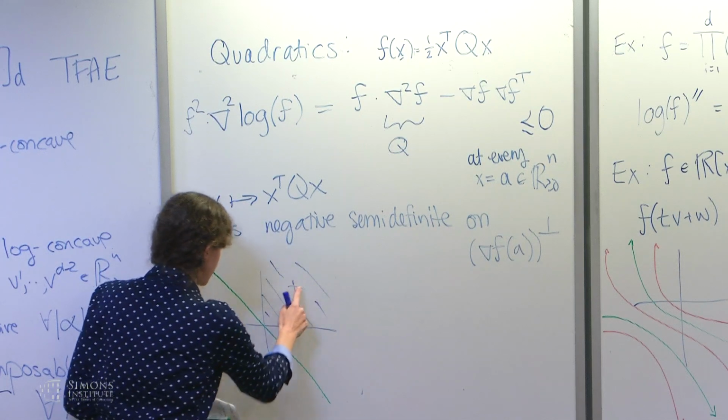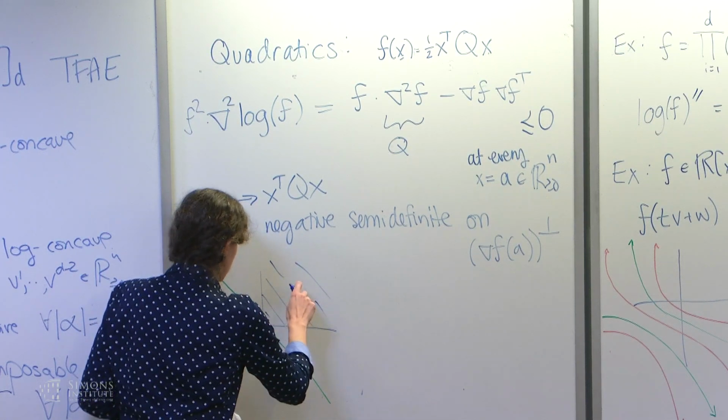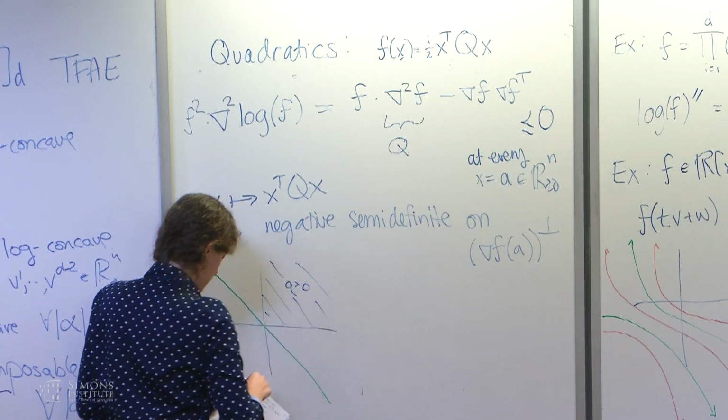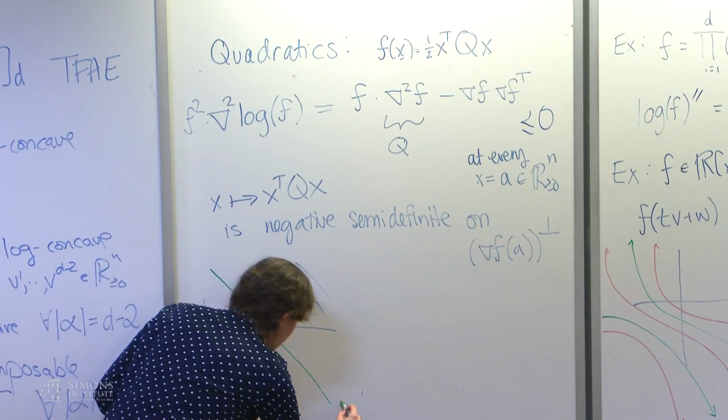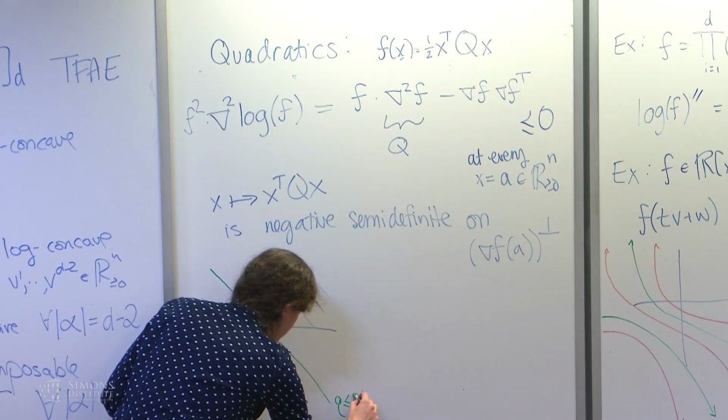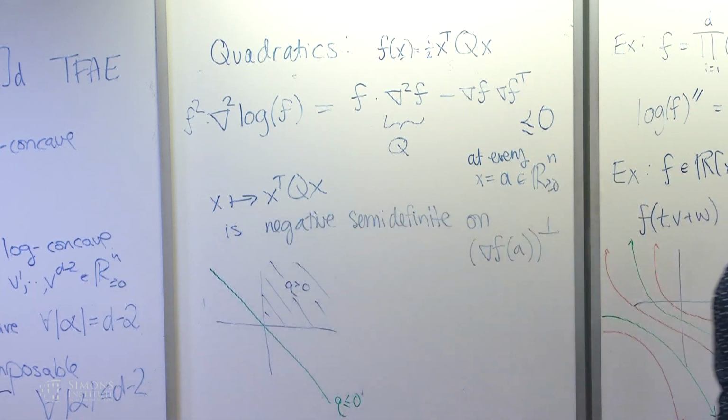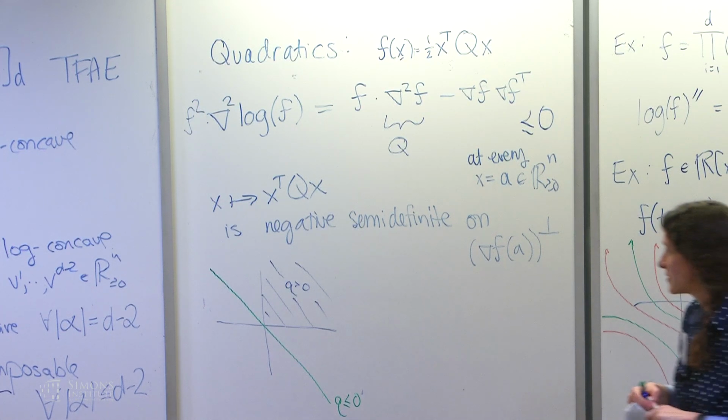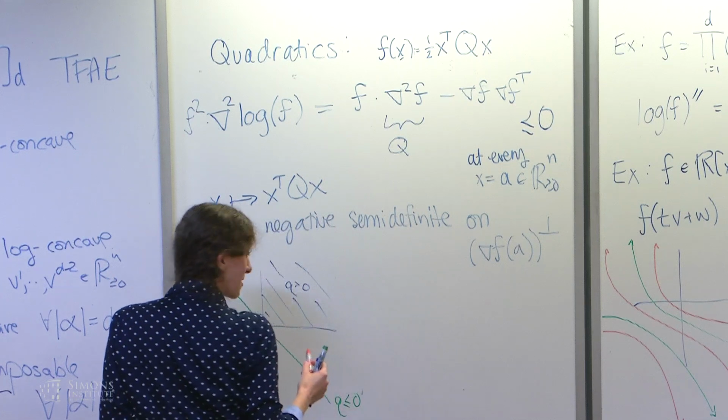Q positive. And Q must be negative. And so then in between, it really should be 0.